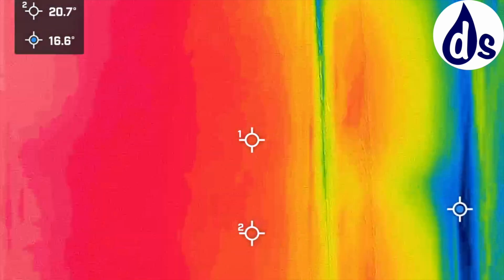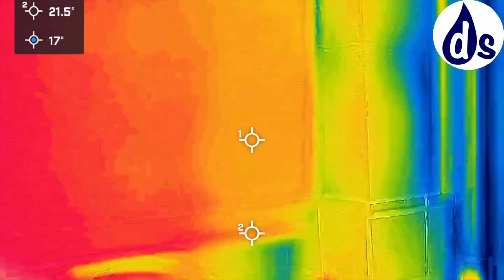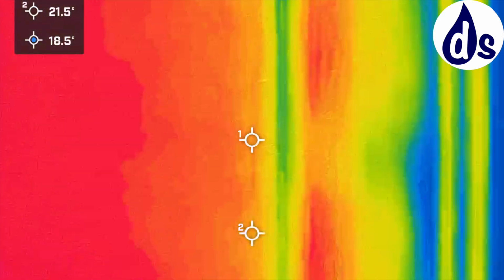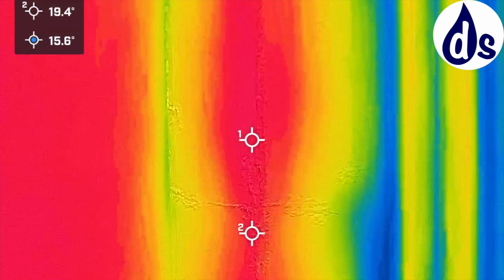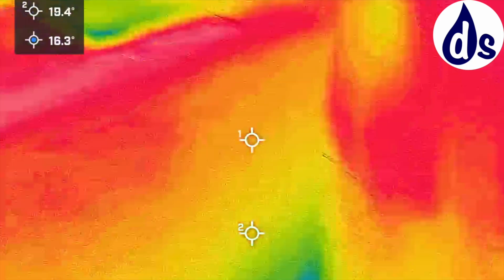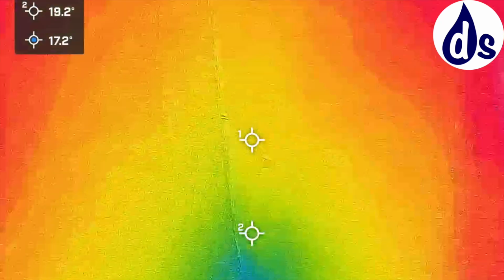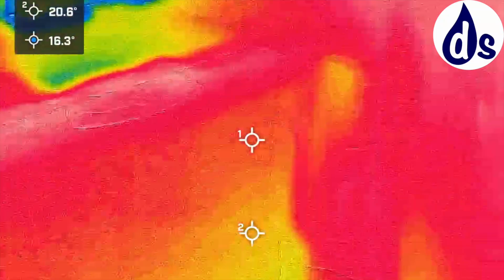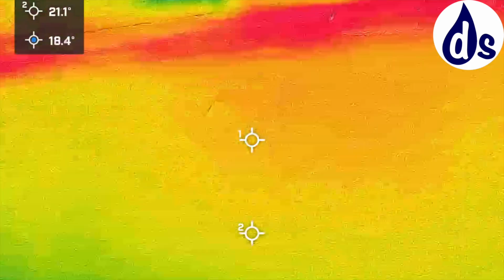Here in the thermal image, you can see where the heat loss is. This time of day, you can see heat gain in the metal along the plasterer's beading. At night, this will cause heat loss, which will increase the risk of condensation. Likewise, there's heat loss around the base of the wall next to the sink.